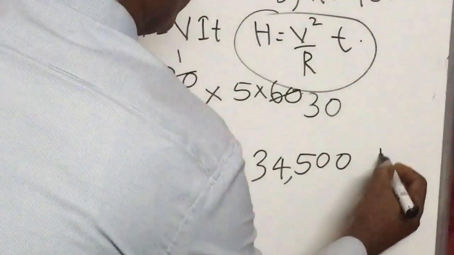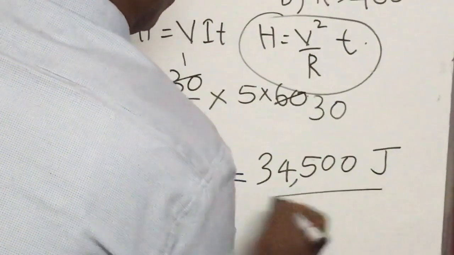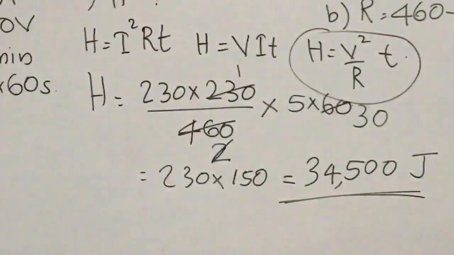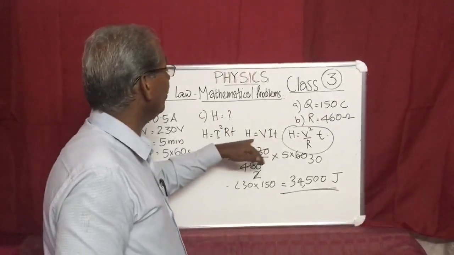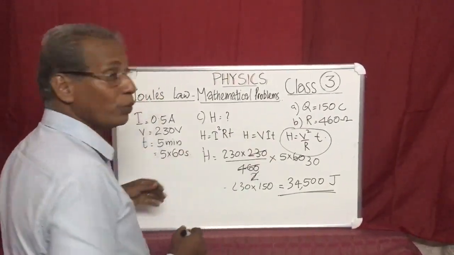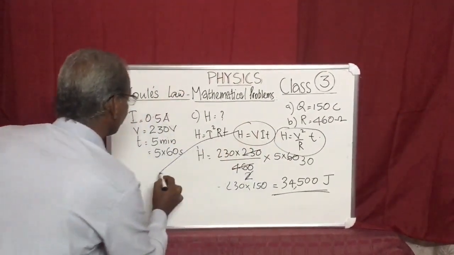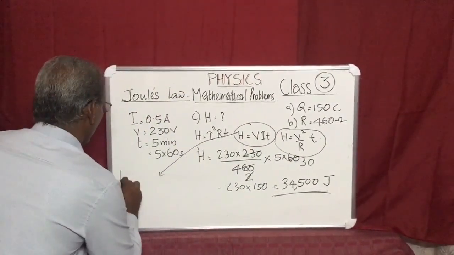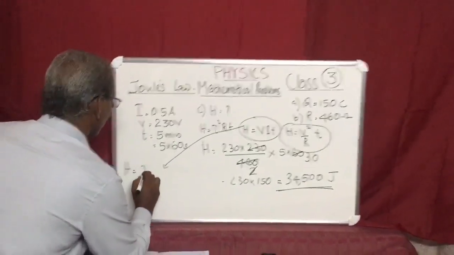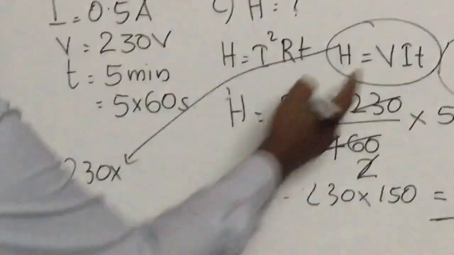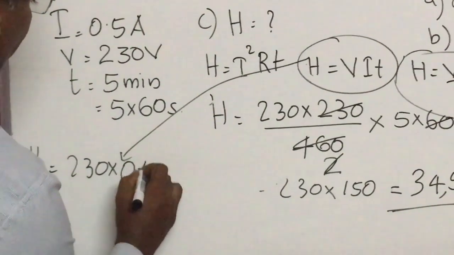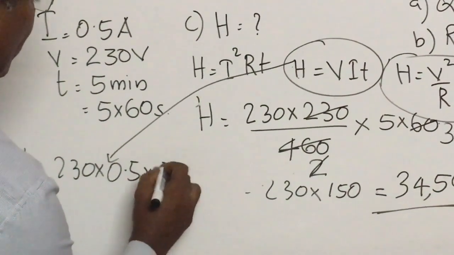$34,500 as it is heat energy, joule. We can also do the same with the second equation, H is equal to VIT. Let us see. H is equal to V, that is 230, into I, 0.5, into 5 into 60.